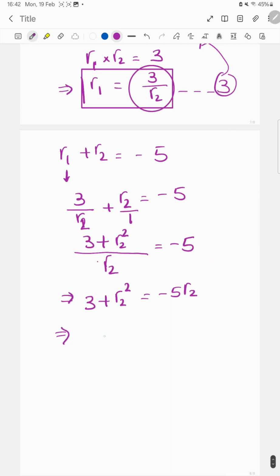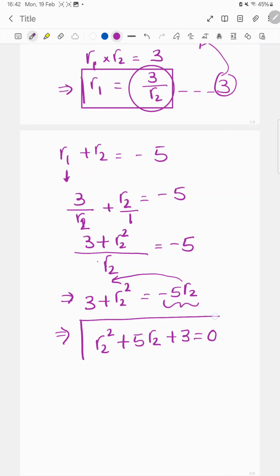I shift minus 5 r2 to the left side: r2 squared plus 5 r2 plus 3 is equal to 0. I have one fact here for r2.